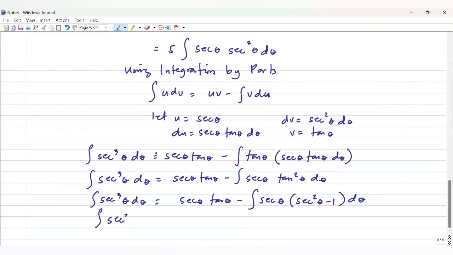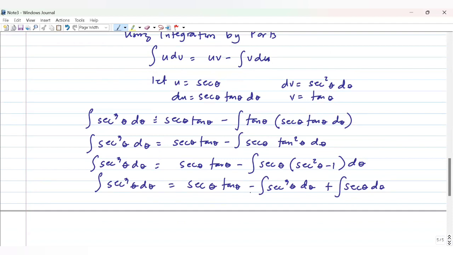We have secant cubed of theta d theta is equal to secant of theta tangent of theta minus the integral of secant cubed of theta d theta, plus the integral of secant theta d theta. So you notice we have secant cubed of theta d theta here, and then we have secant cubed of theta d theta on the right side. So we can combine those.